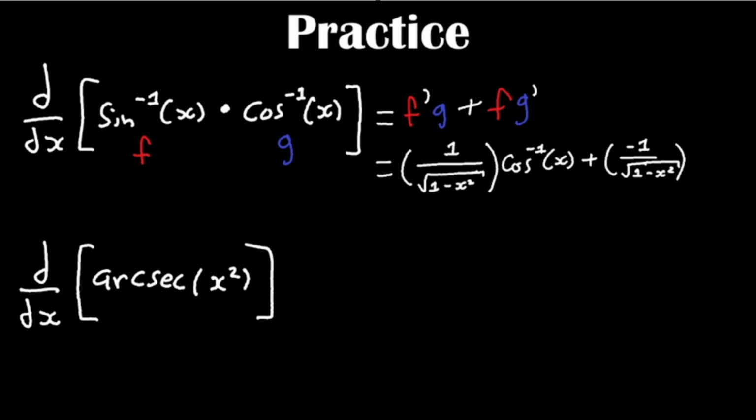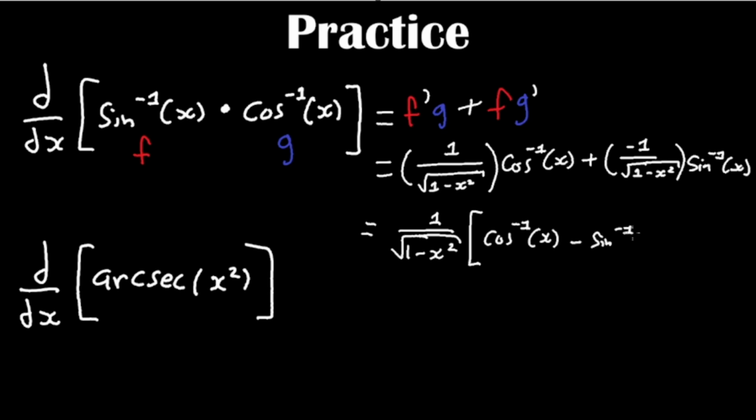And that is multiplied by f, which is sine inverse of x. So I'm going to factor out this 1 over square root of 1 minus x squared. So this becomes 1 over square root 1 minus x squared multiplied by cosine inverse of x minus sine inverse of x. That is our derivative.